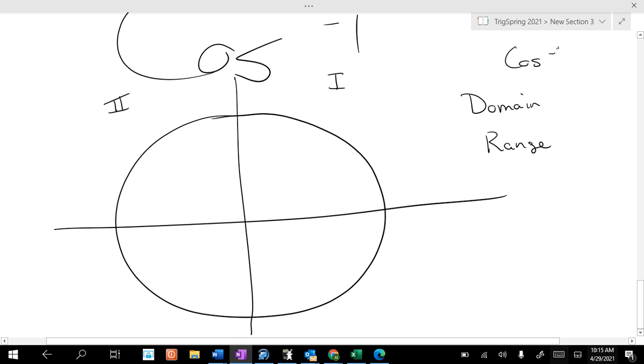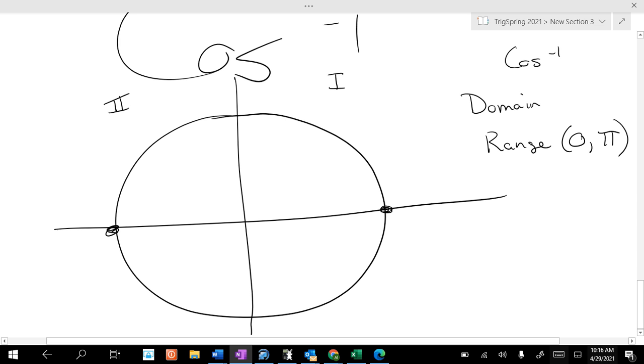Okay, let's do range first. From where do we start over here to where do we end over here? We start at 0 and we go to pi. That is the range. It was originally the domain in normal cosine, but now it's the range in the inverse.